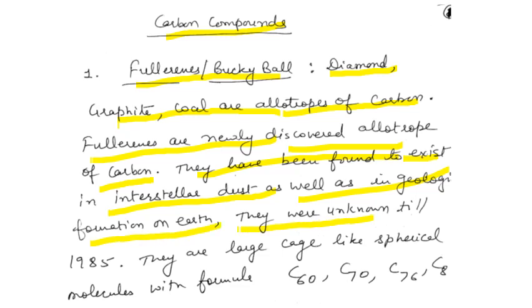They were unknown till 1985, and they are large cage-like spherical molecules with the general formula C60, C70, and C76, and it could be C80.